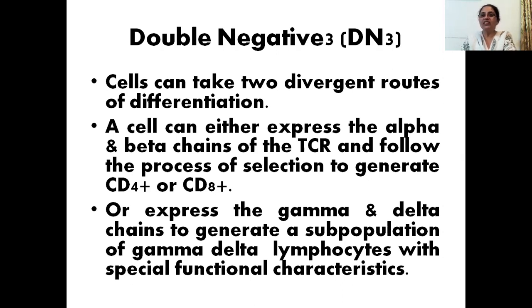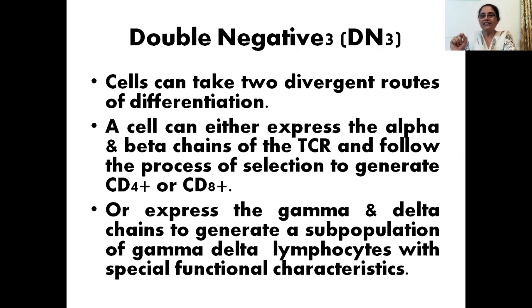That means alpha beta chains will be assembled in such a way that either they will acquire the CD4 cluster of differentiation, or they can acquire the CD8 cluster of differentiation. The cells can follow two routes.